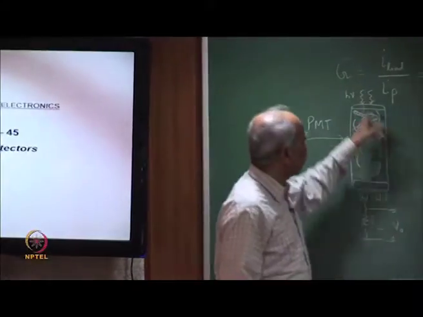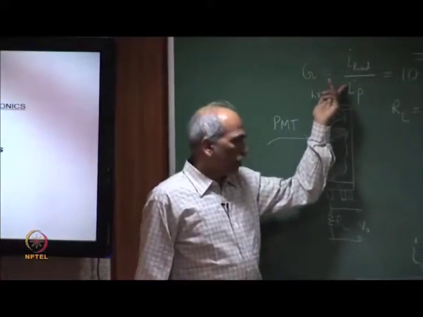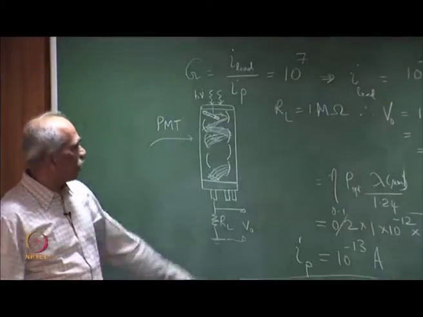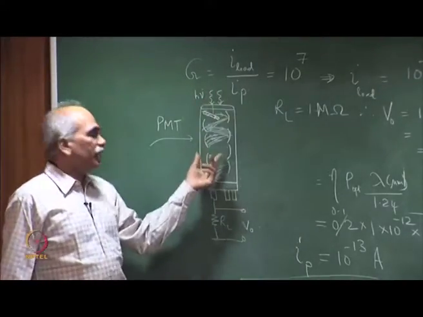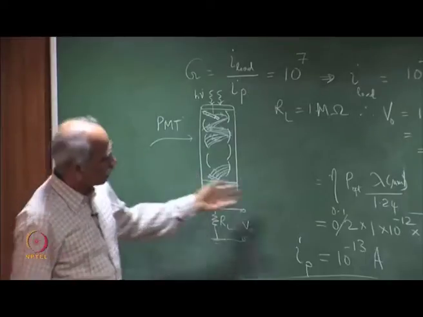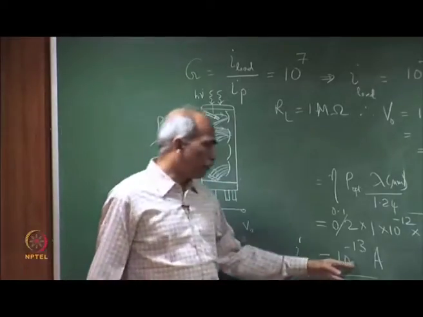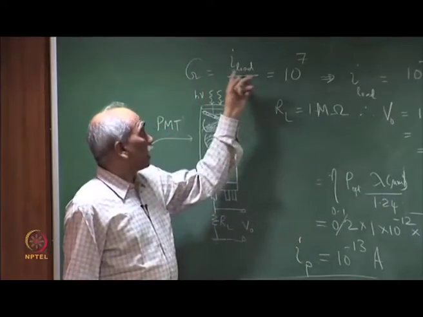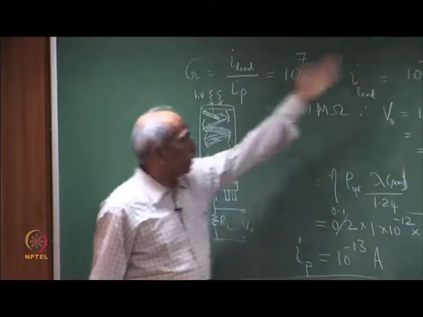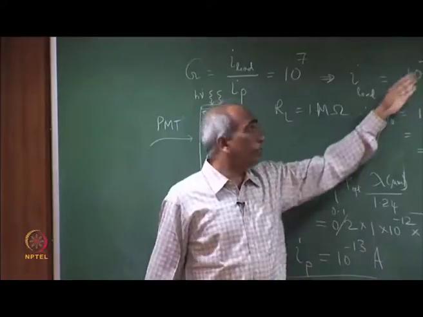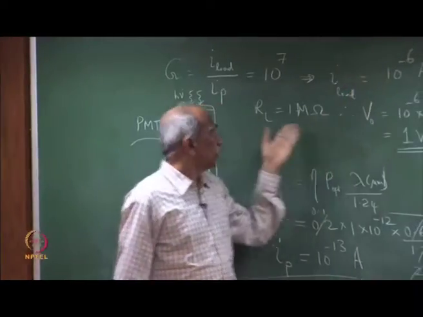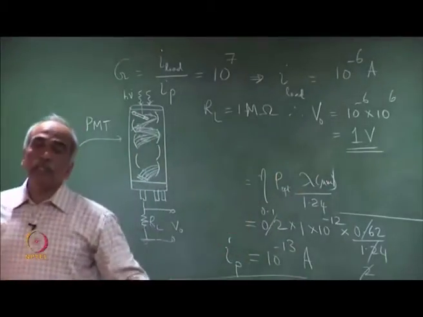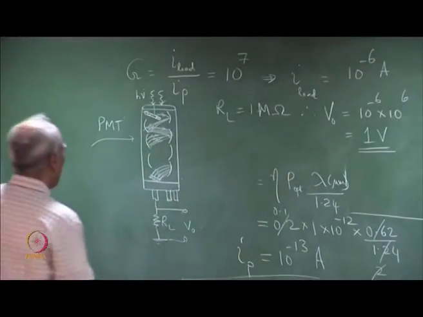Considering typical numbers, we have calculated that 1 picowatt incident here generates a primary photocurrent of 0.1 picoampere, and because of the current gain we have a current at the load of about 1 microampere, and across the load resistance we have about 1 volt. Indeed, one can easily detect power.